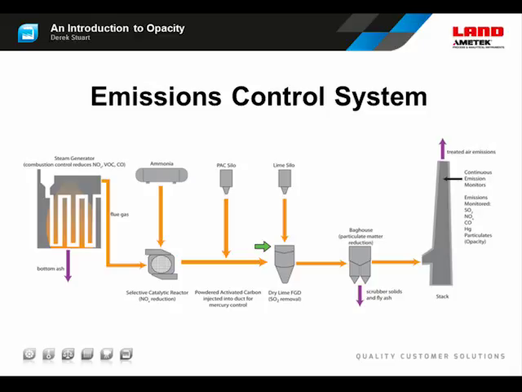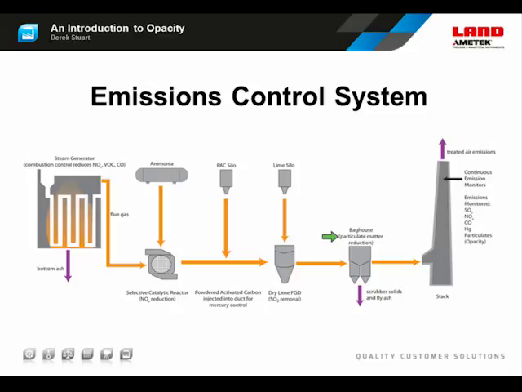The sulfur dioxide reacts with the lime to produce gypsum, which is a main ingredient in plaster and wallboard. So it's quite common nowadays to have a wallboard factory close to a coal-burning power plant, so that the gypsum that's produced in the flue gas desulfurization can be used to produce wallboard right adjacent to where it's being created.